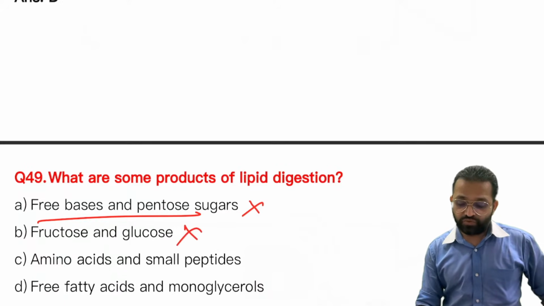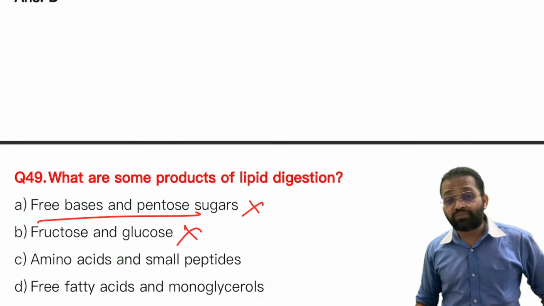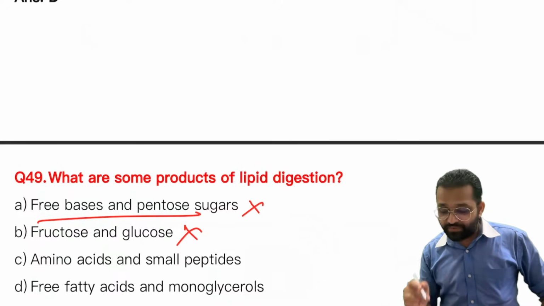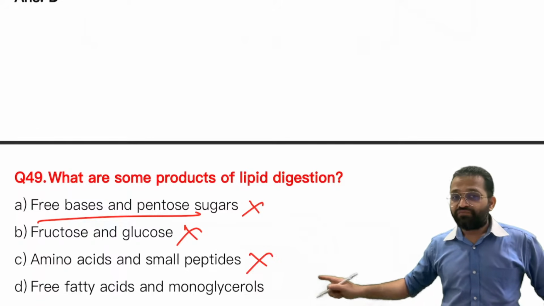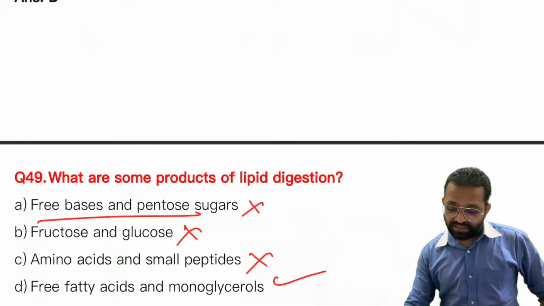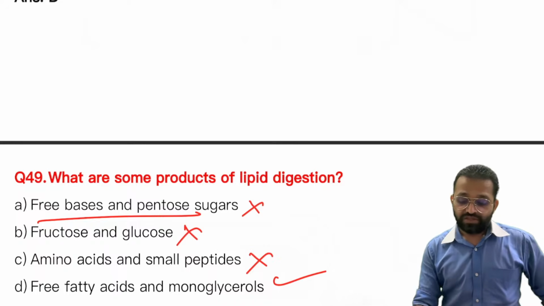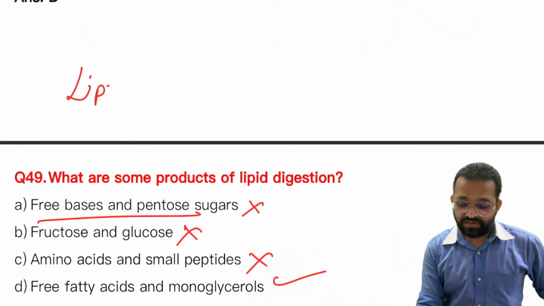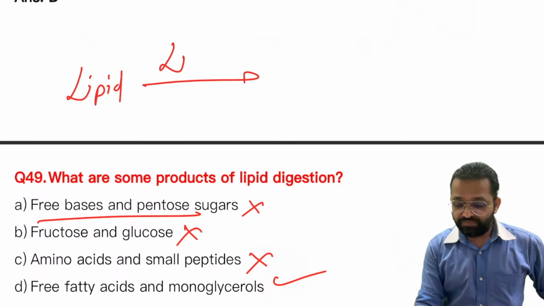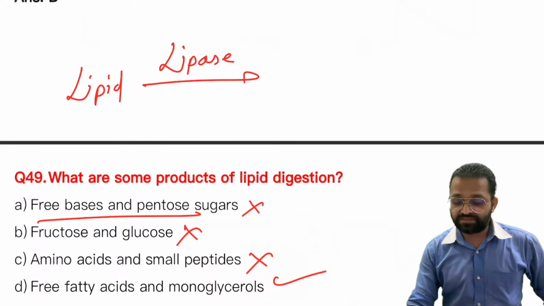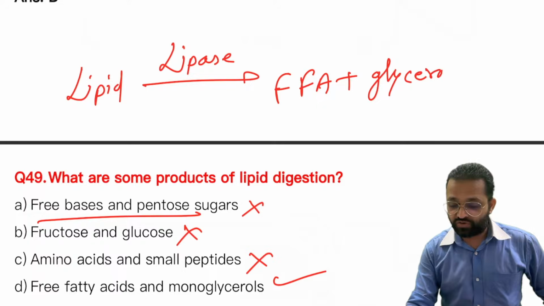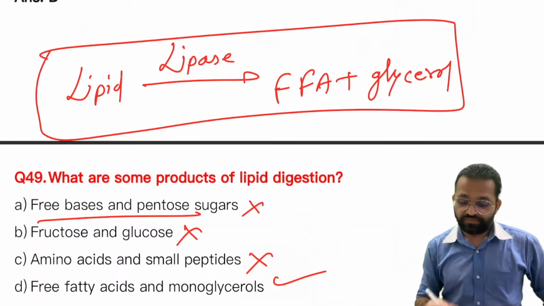Fructose and glucose? No, it is related to our carbohydrate metabolism. Amino acid and small peptide? Never, it is related to protein digestion. Free fatty acid and monoglycerol? Yes, this is the answer. So remember, sir, our lipid in the presence of the enzyme lipase is changing into free fatty acid plus glycerol.